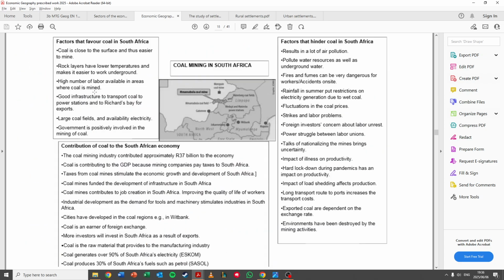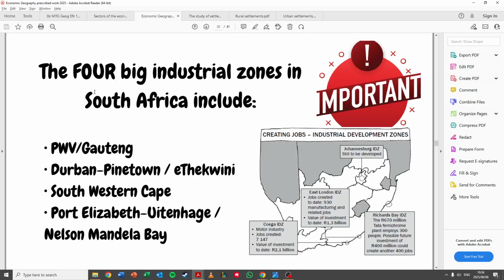Okay. Then, as we know, there are four big industrial zones in South Africa. We have Gauteng, Durban-Pinetown, Southwestern Cape, and Port Elizabeth-Uitenhage. Now, yes, two of these will be prescribed to you, and obviously we know which ones it is. But like I told you guys, you need to know where the others are. You don't need to know in detail everything about them, but know the location.